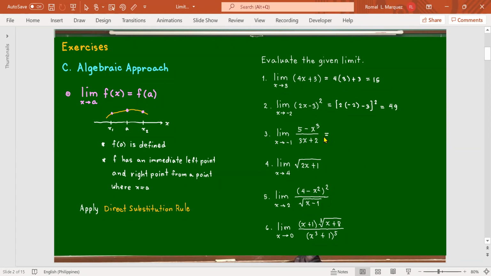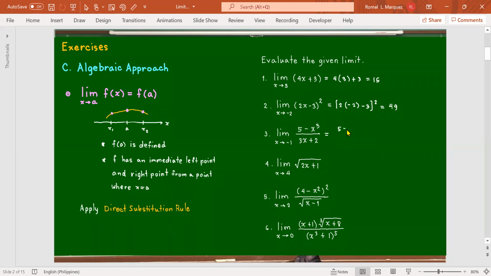Number 3. Limit of 5 minus x cubed all over 3x plus 2 as x approaches negative 1. This function is undefined when x is negative 2/3, no? Since we want only x that is close to negative 1, it is guaranteed that there is an immediate left point and immediate right point from x equals negative 1, no? So we can apply direct substitution.